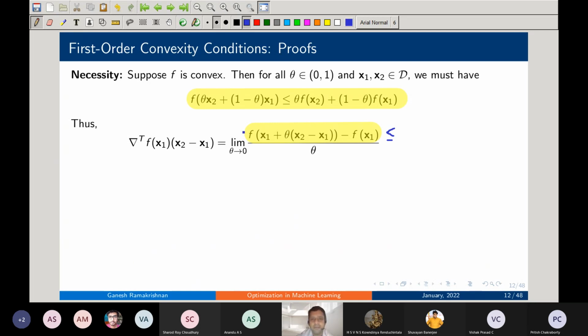So you take f of theta x2 plus 1 minus theta x1, which is exactly the same as this expression. We are just seeing this expression differently: x1 plus theta times x2 minus x1, the same.